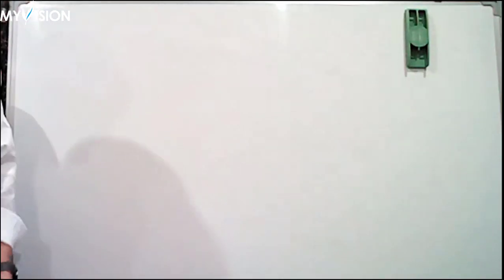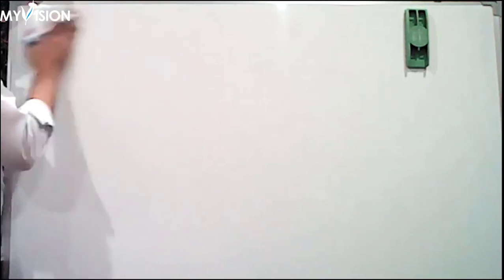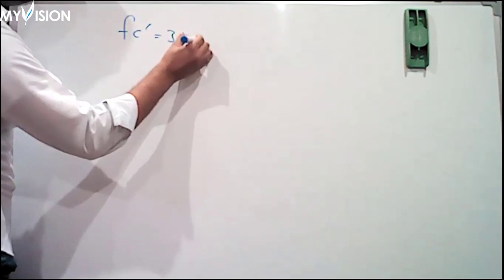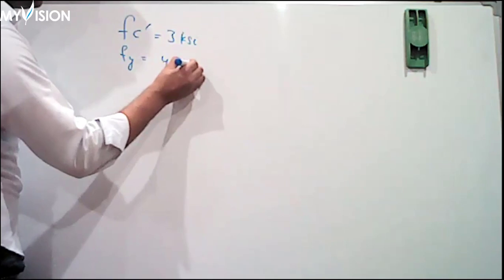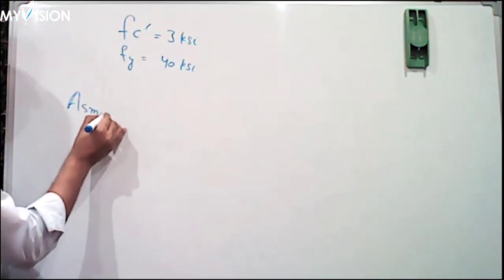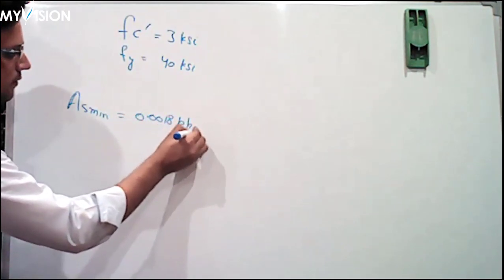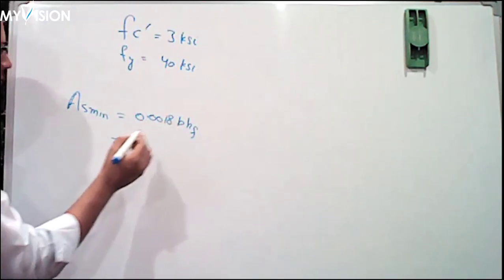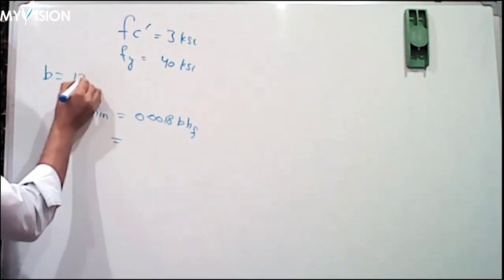Listen. Mr. Dragon, Mr. Bell, please listen here. If FC prime is 3 KSI, Fy is 40 KSI, then the AS minimum formula will be 0.0018 BHF, where the B value, in this example, is 12.